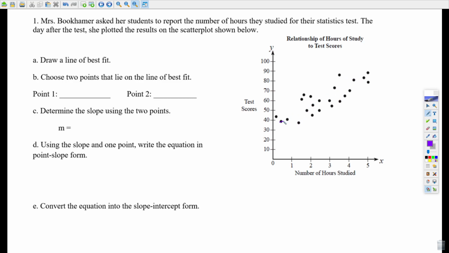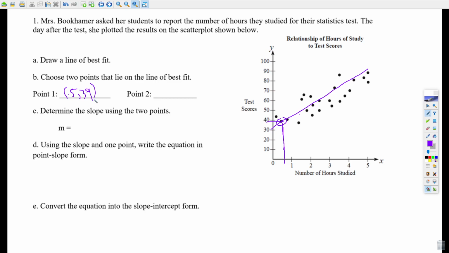I'm just going to draw a line like this. And let's say I touch a couple of these points in here. This one's also tough because you have to estimate these points. So I would do something like, well, let's just pick this point here. Oh boy, that would be like 0.5 and 39.